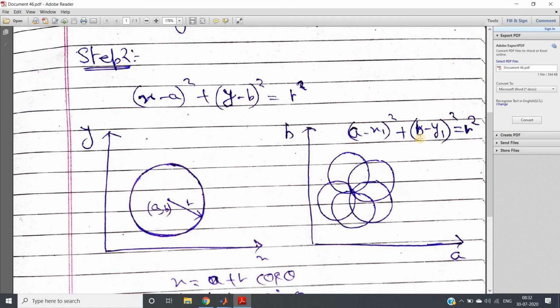So that's what I want to say. If we know r, and we know x_i, y_i, because those are nothing but the points present on the edge detected output, then if we plot for all those in the AB space, they will make a huge concentration at the (a, b) which satisfies this particular equation.